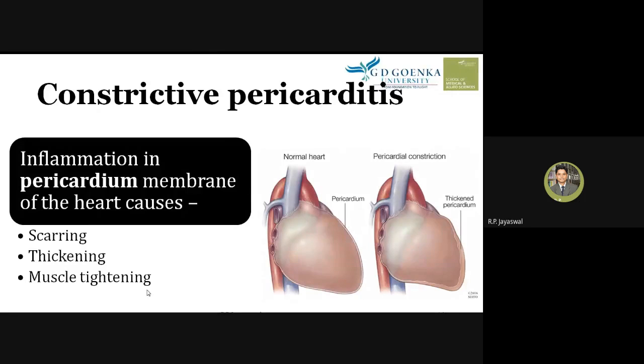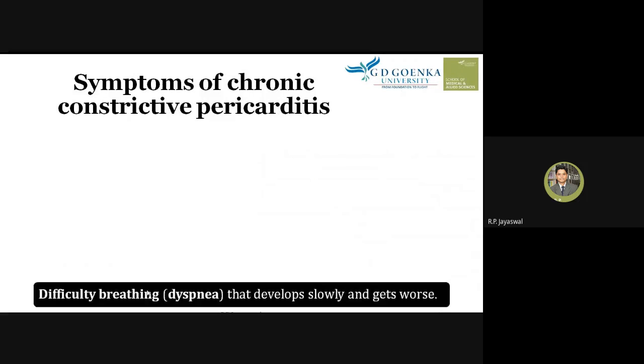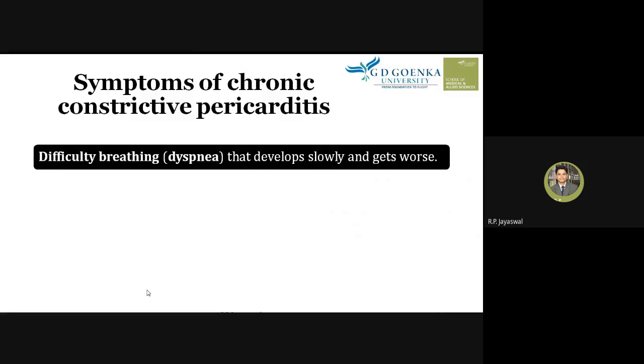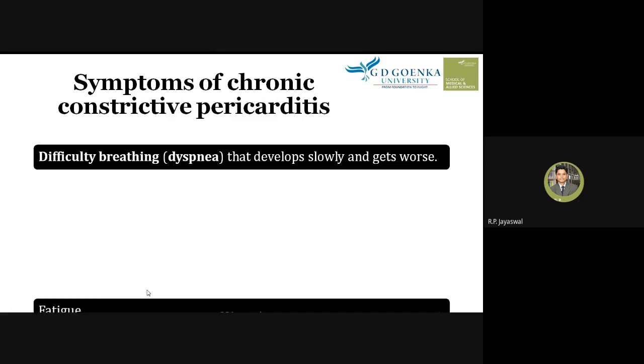Symptoms of chronic constrictive pericarditis are difficulty in breathing, what we say dyspnea. Dyspnea means an abnormal breathing process that develops slowly and gets worse, so the condition may become very serious.